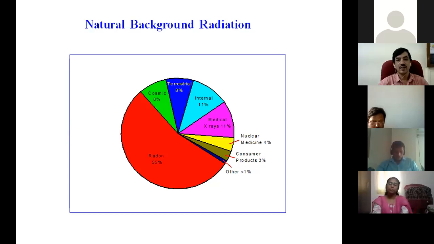Nowadays, people at least once in a lifetime will take X-rays. X-ray photography will contribute about 11% of the total radiation dose. Nuclear medicine, consumer products, and others of a special type, flight travel or travel in spacecrafts, underground mining, all these will contribute less than 1%.